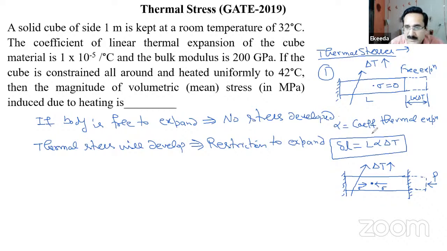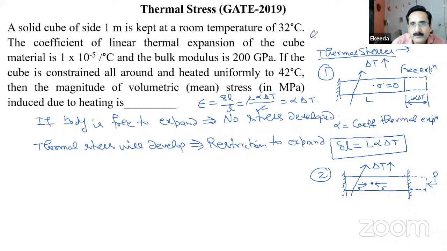So in the first case, what was the strain developed? The strain is the change in length upon original length. That was L alpha delta T upon L, so this is alpha delta T. The strain was alpha delta T. You have to remember this also, right?